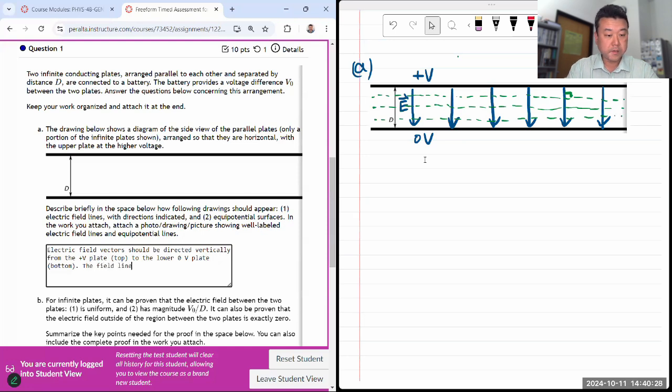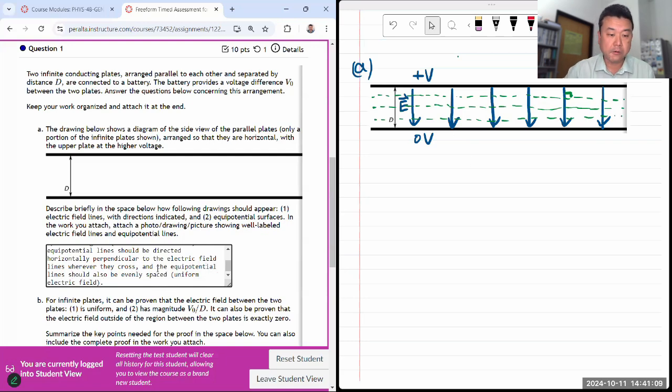The field lines should be evenly spaced throughout the uniform electric field. The equipotential lines should be directed horizontally, perpendicular to the electric field lines wherever they cross, and the equipotential lines should also be evenly spaced, for a uniform electric field. Yeah, so that's the drawing.